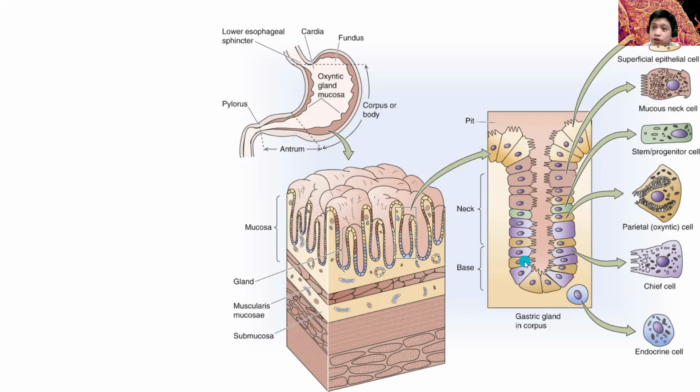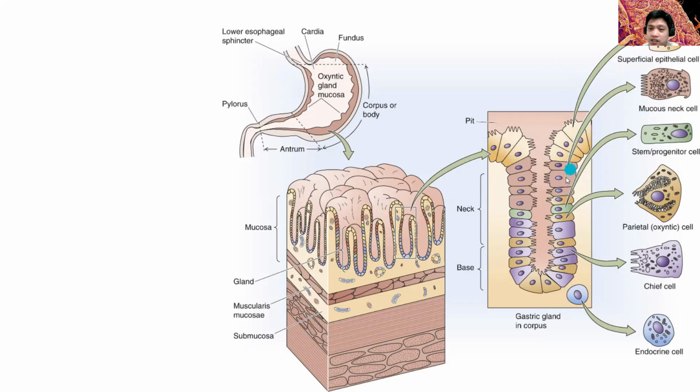You'll also observe in this image that the gland is made up of different kinds of cells. So you have here the superficial epithelial cell. You have here the mucous neck cells.